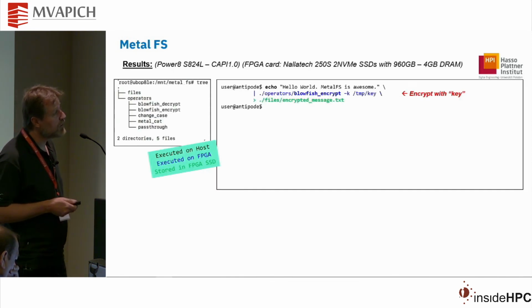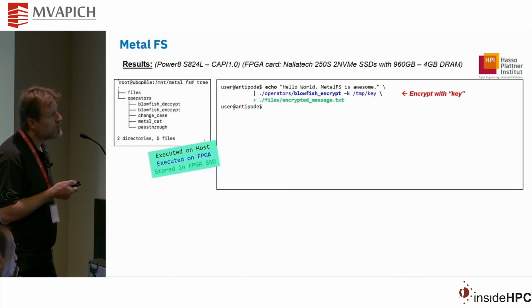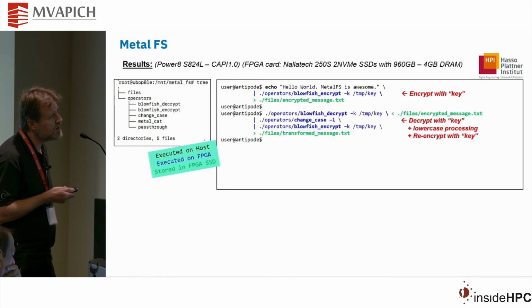Okay, this is an example. As I said, we put a file and encrypt it with a given key that is located in the FPGA, and we encrypt that into the FPGA SSD. We try to decrypt and change the case while re-encrypting, into the same file, the same message but transformed.